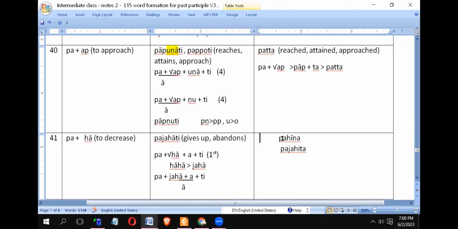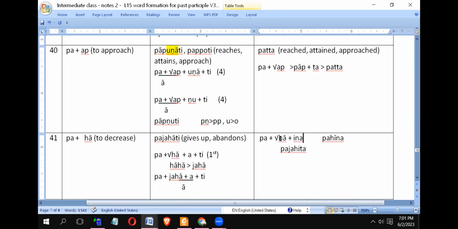So pahina is based on what? It can also be based on the root. The root is pa plus ha, and the suffix. It should be ta, but the other one is na, right? Na, yes. Na is Ina, another one.